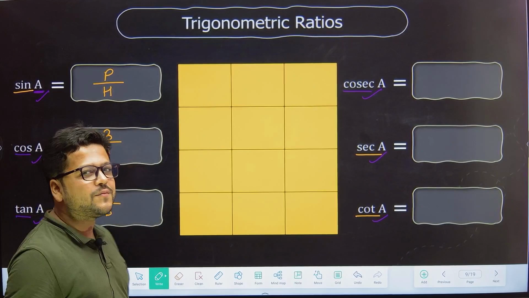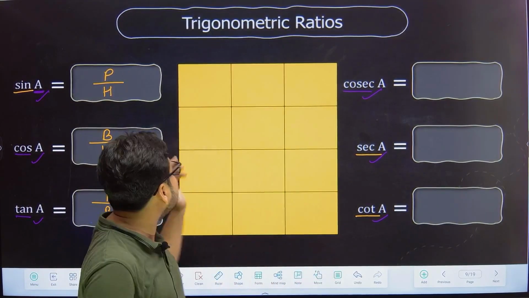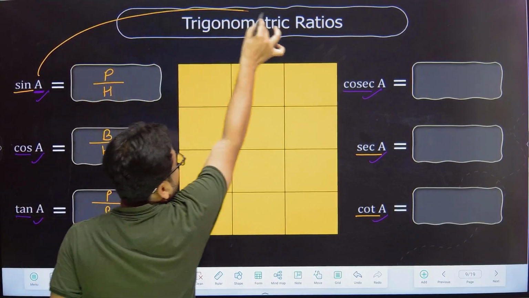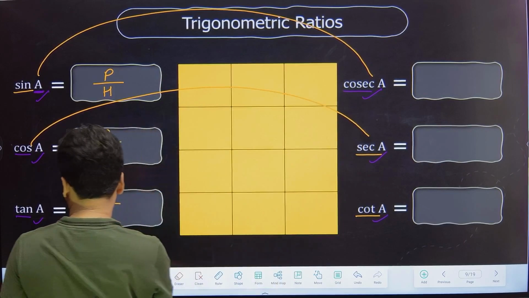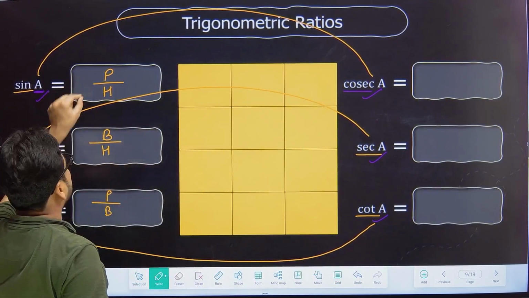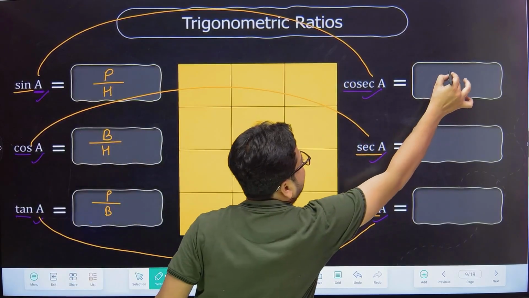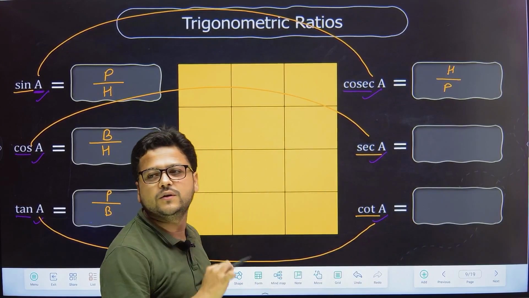And students, let me tell you one more important thing, which is the reciprocal relationship. Sine is reciprocal to cosec, cos is reciprocal to sec, and tan is reciprocal to cot. So if sine A is P upon H, then cosec A will be H upon P, hypotenuse upon perpendicular.